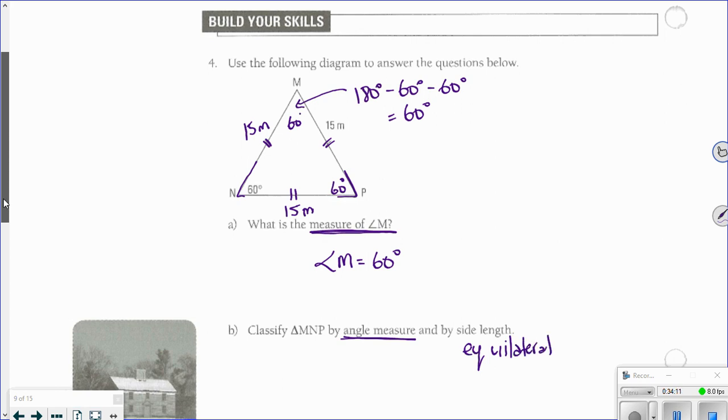For angle measure, I'm looking at how big those angles are. All three of them are 60 degrees, which means they're small. This is going to be an acute triangle. Okay, so it would be an acute equilateral triangle.